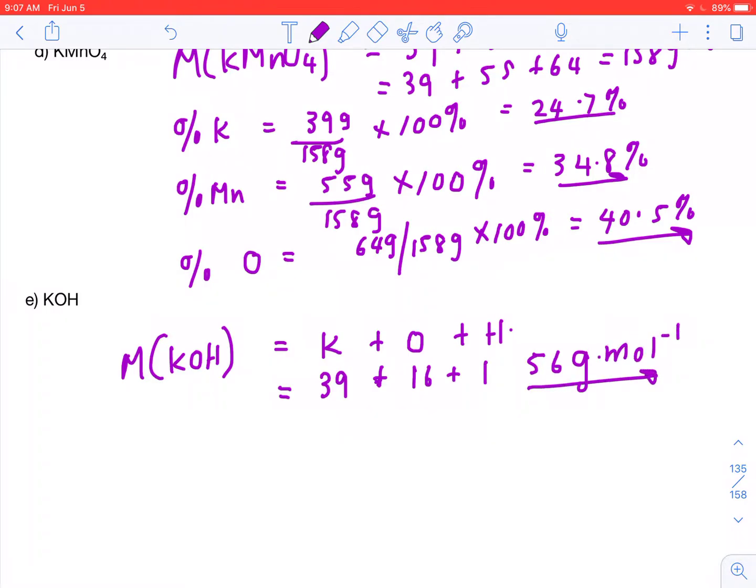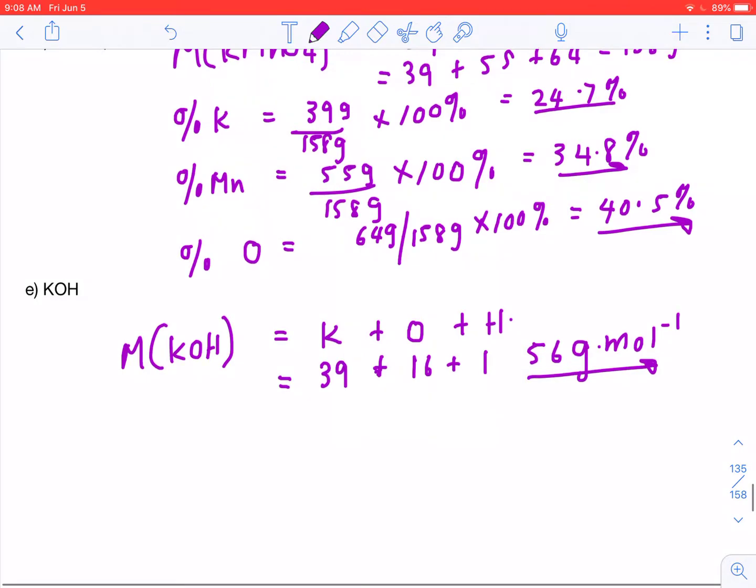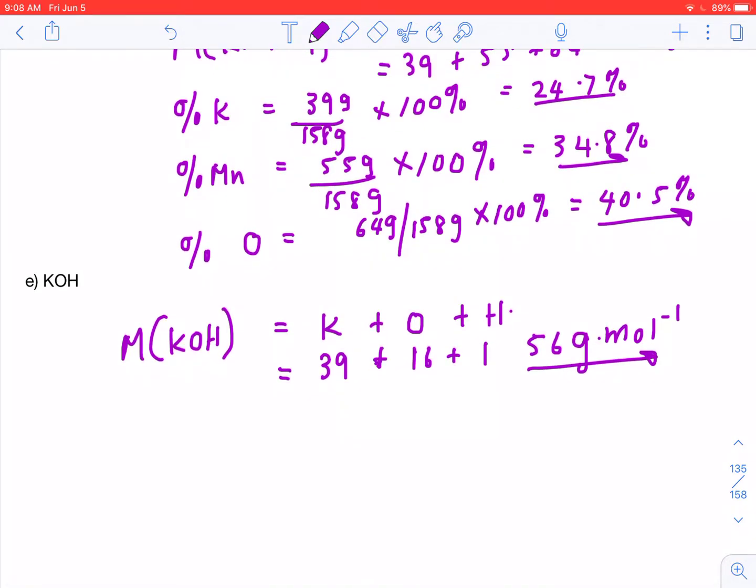So we know what the total mass is, but now we want to know the composition, mass percent composition, which means now we want percentage of K in here. We say okay, it's 39 upon 56 grams times 100%, right? And that gives me 69.6%.